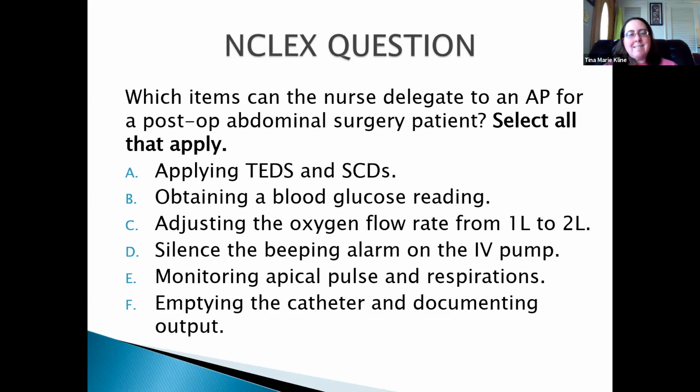The other thing that tells me this isn't appropriate for an AP is what kind of pulse are we talking about? Okay, it's an apical pulse. Now, your nurse aides typically are not taught to check an apical pulse. They're taught how to do vital signs. They're taught the task.